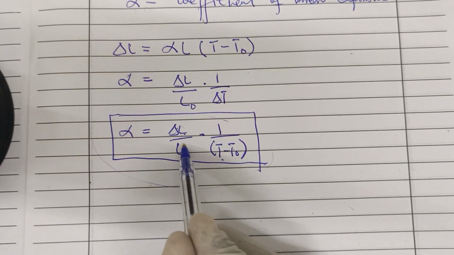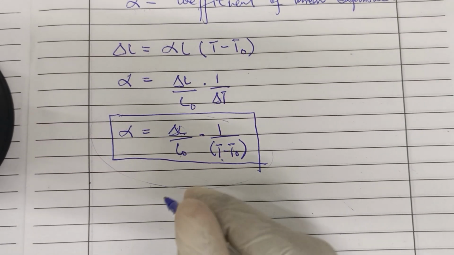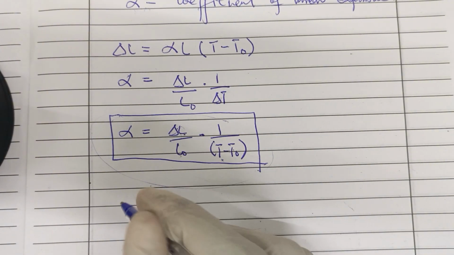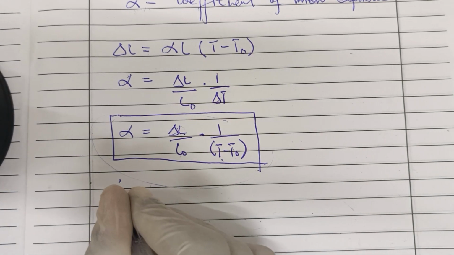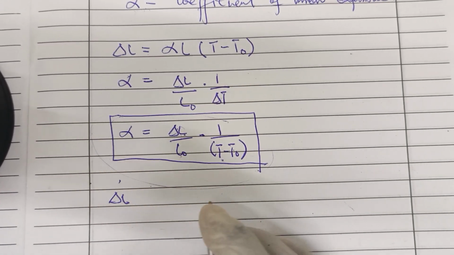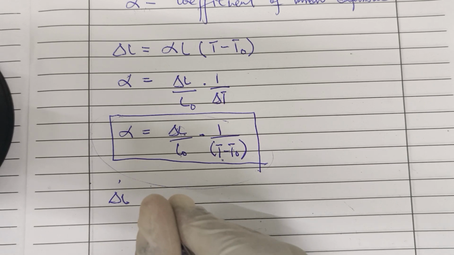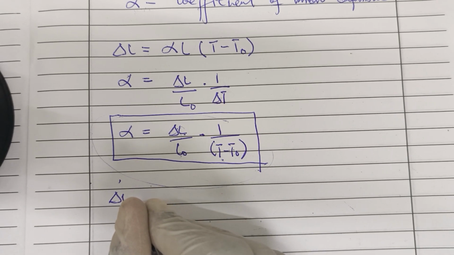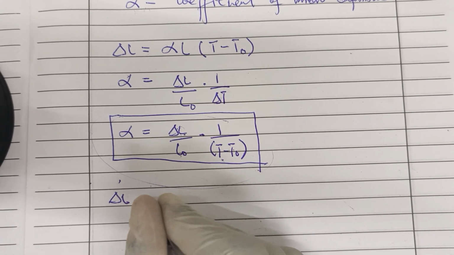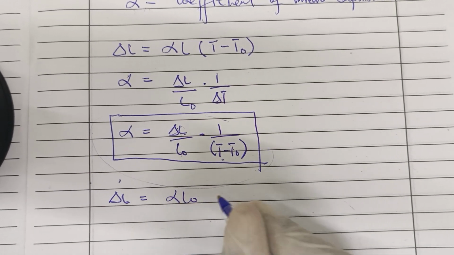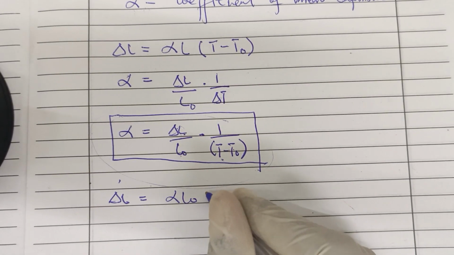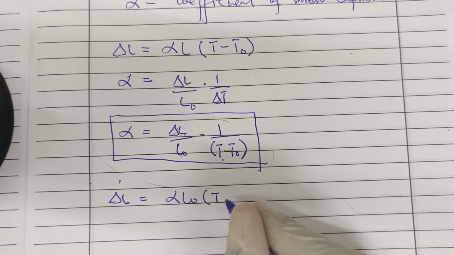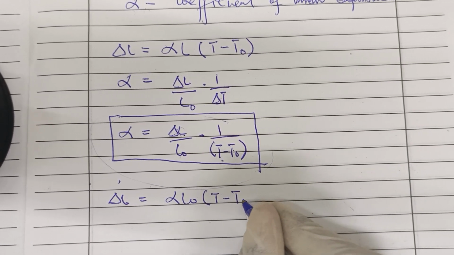Mind you, we know the value of L naught. In making this the subject, we arrive at change in L equals the coefficient of linear expansion times L naught times T minus T naught.